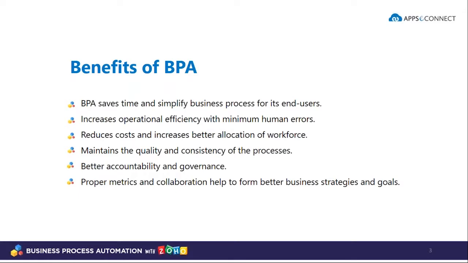You can automate things technically, you can program it, and it will be really more accountable towards the assigned work, the assigned automation. Then finally, proper metrics and collaboration help build better business strategies and goals. So here we will look into some areas where we can collaborate easily. We can automate something around analytics, for better strategies and goals. Today we will have several demonstrations around these things.